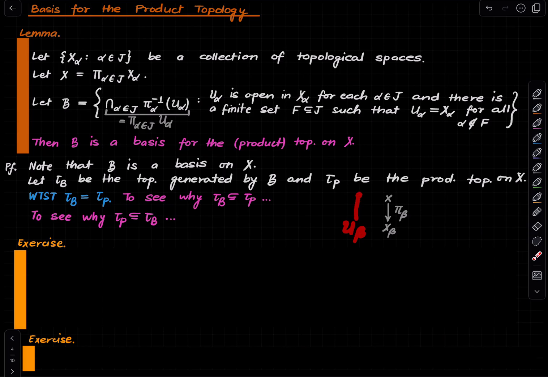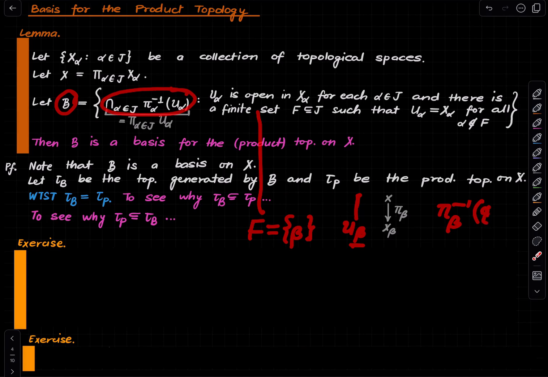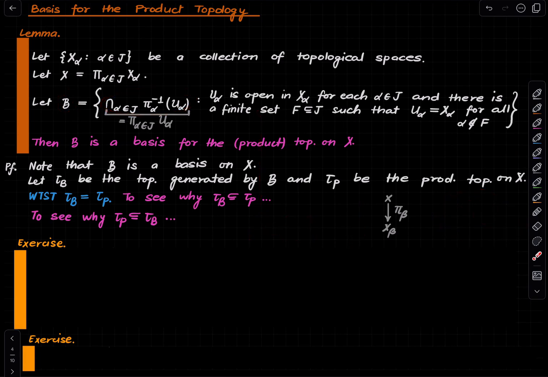Now that thing is clearly here because, except for beta, let F be the singleton beta, and for that F, this thing that you get here is exactly pi beta inverse of U beta. So this thing is clearly in the basis, and hence in the topology generated by the basis, right? So each projection function is continuous if you equip the set X with tau B.